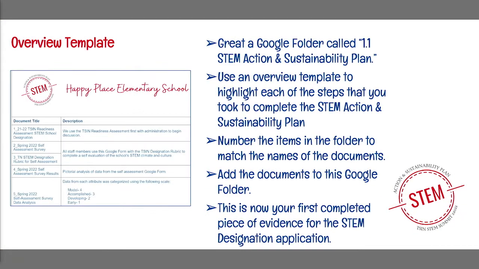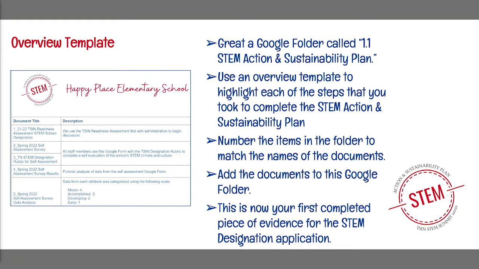And then one other thing I would suggest is take this template and create a document like this. You have your logo, and then you enter each of the numbers for your evidence, title them, and give a summary.